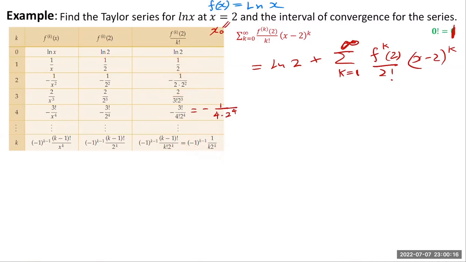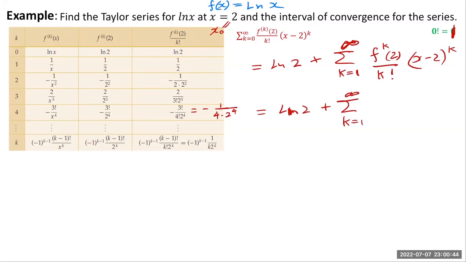Okay. All right. Now I can plug in the general term for f^(k)(2) divided by k factorial, of course, not 2 factorial. The sum is over k from 1 to infinity.